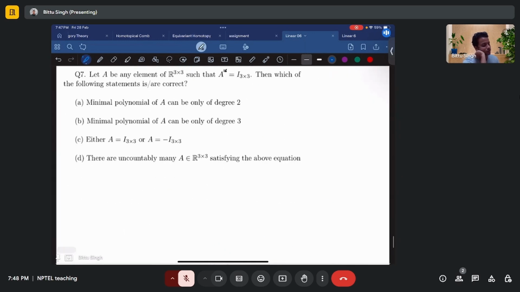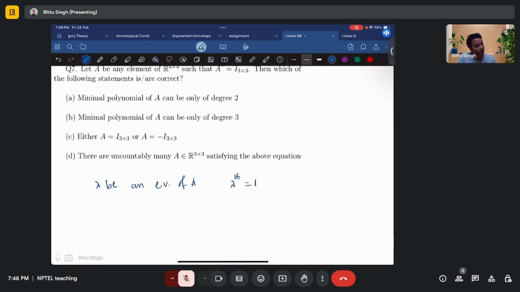Now question number 7, let us see this example. Again, A to the power 16 equal to I. From here, immediately we see that if lambda is an eigenvalue of A, then lambda to the power 16 is also 1, because an eigenvalue satisfies the same polynomial equation.